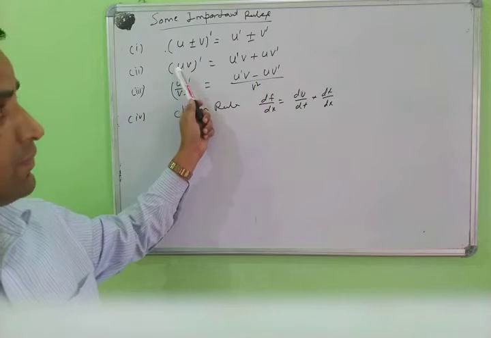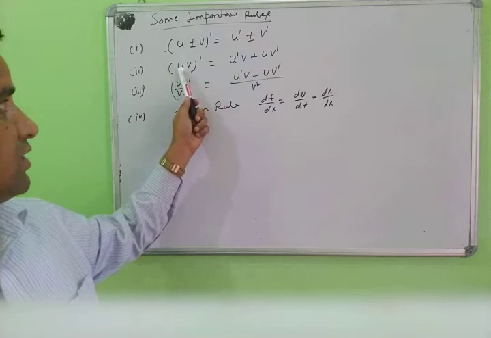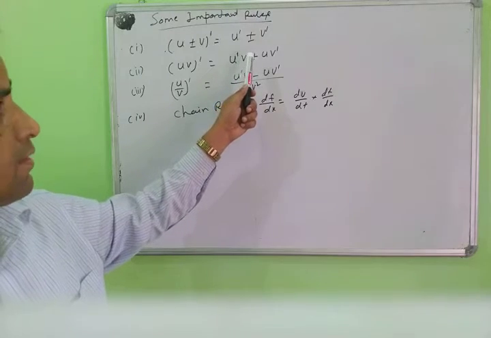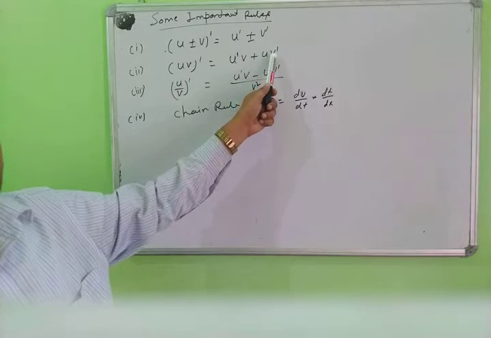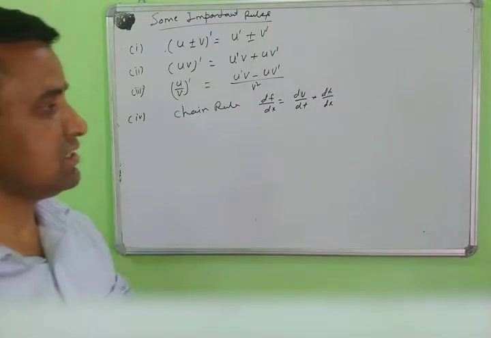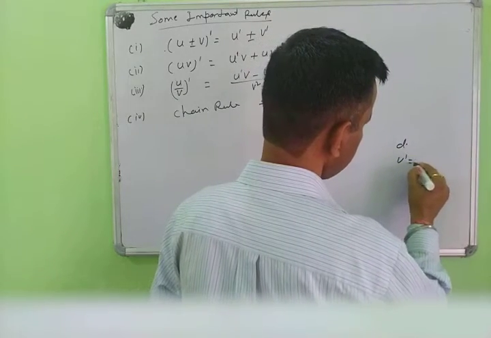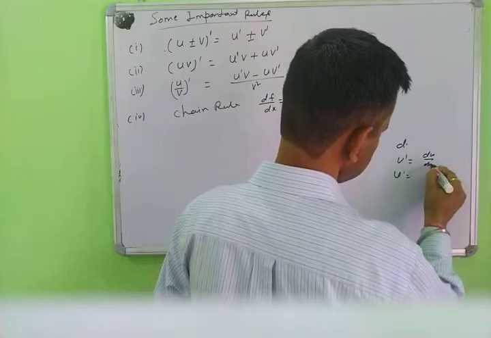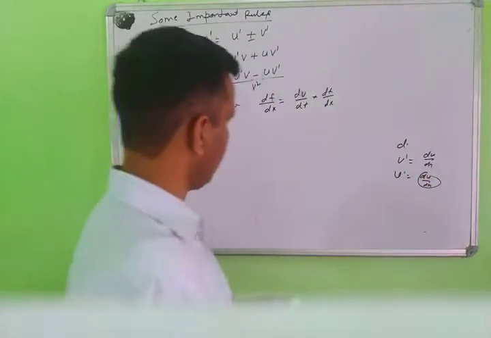In product form, we use the product identity: the differentiation of the first function multiplied by the second function plus the first function multiplied by the differentiation of the second function. Dash means dv over dx or du over dx. This is the main differentiation form.